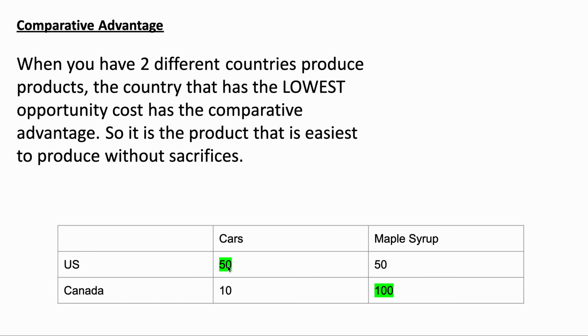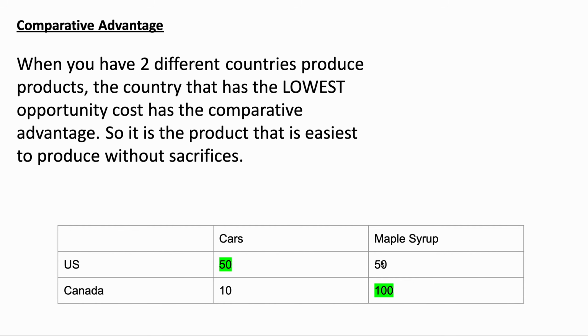If the United States can produce 50 cars and 50 maple syrups, then that means we can produce 51 cars and 49 maple syrups if we just changed our production. In fact, if we can produce 50 cars and 50 maple syrups, then I bet we could produce 100 cars and 0 maple syrups. So, if that's possible, then the opportunity cost of 1 car is 1 maple syrup. Because if we produce 1 more car, we lose 1 maple syrup.